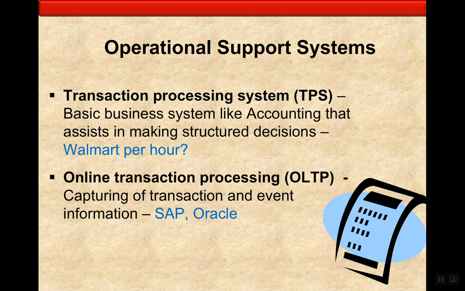So, for example, you can execute orders, execute distribution, run accounting processes, plant maintenance, all these different kinds of applications. These can all be handled by these OLTP-based ERP systems.